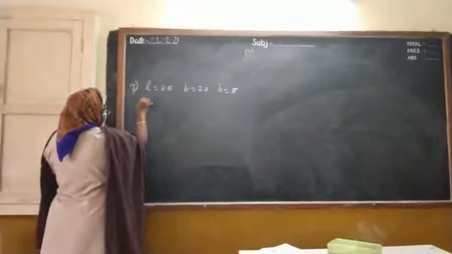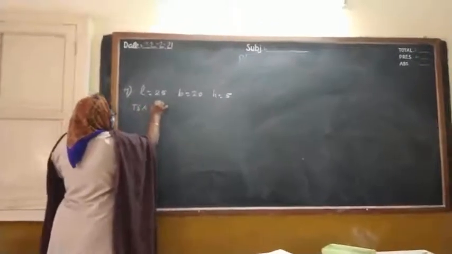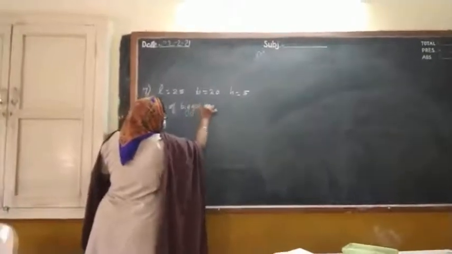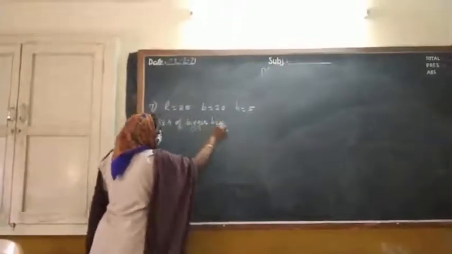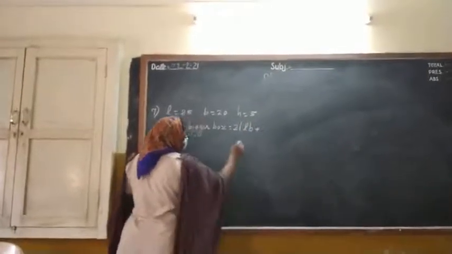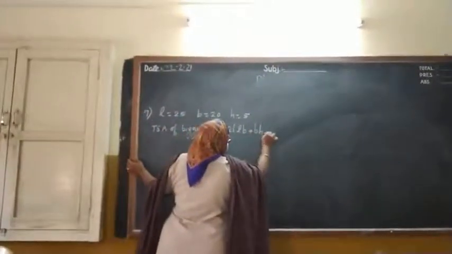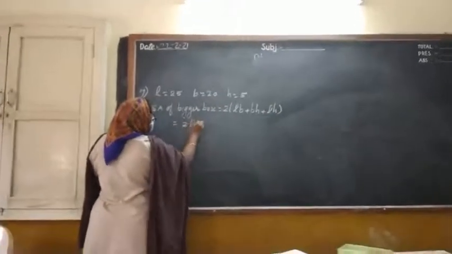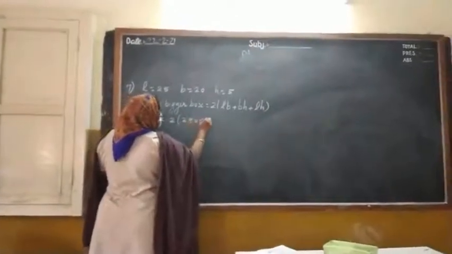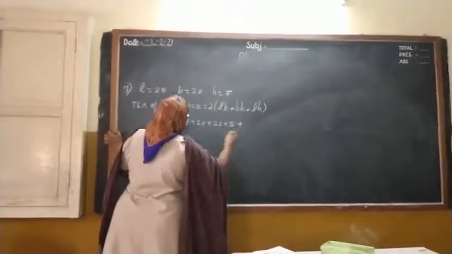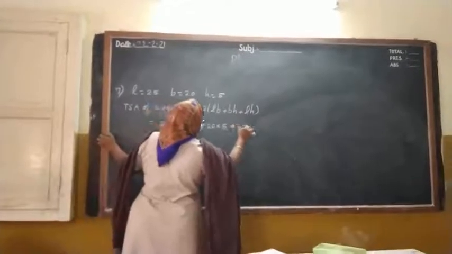Now total surface area of bigger box is equal to 2 times (LB plus BH plus LH). So 2 times 25 into 20, 20 into 5, or 25 into 5. Okay.